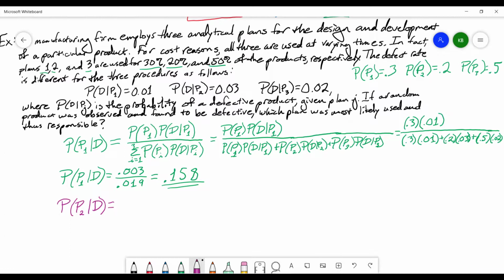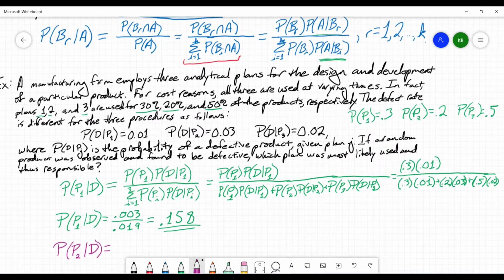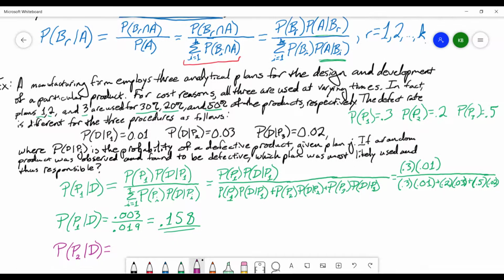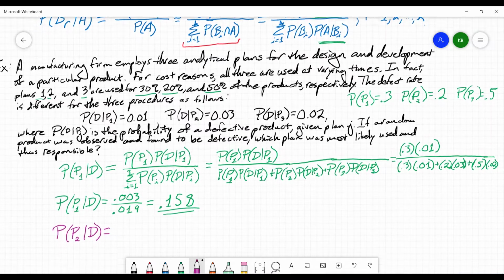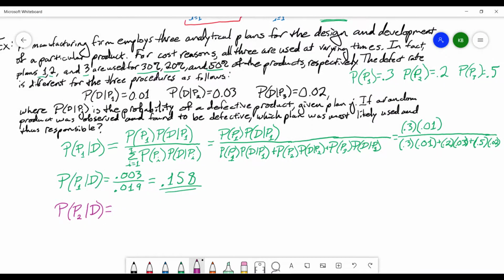So now I can look at this, and I've actually done all of the work for my denominator for all of my plans because my denominator is not going to change. It's always going to be the sum over all of my values from 1 to 3 for all of my plans. So my denominator is actually going to stay the same. I actually know the probability of it being defective now, and the probability of it being defective is 0.019. So the only thing that's going to change is my numerator.